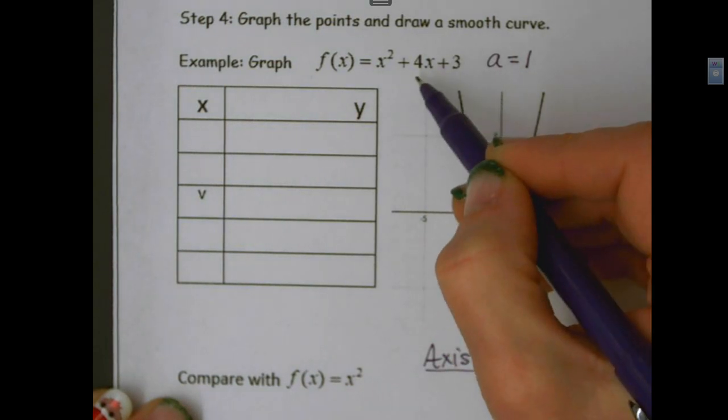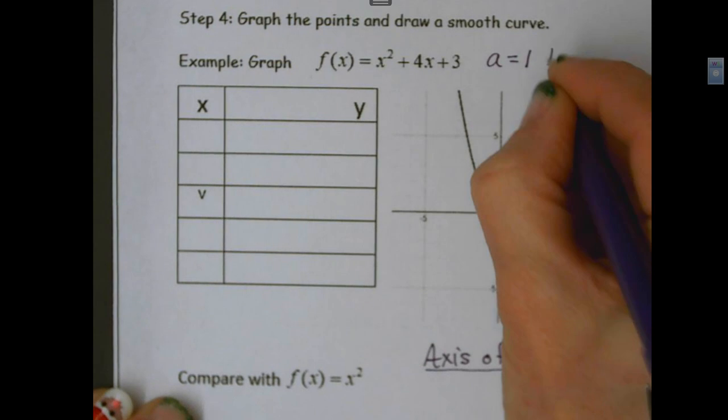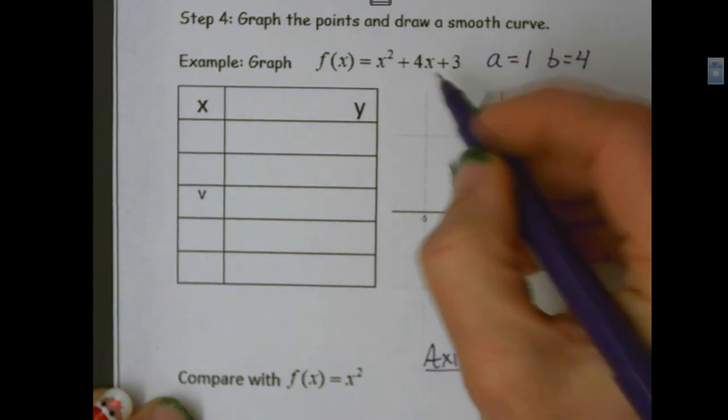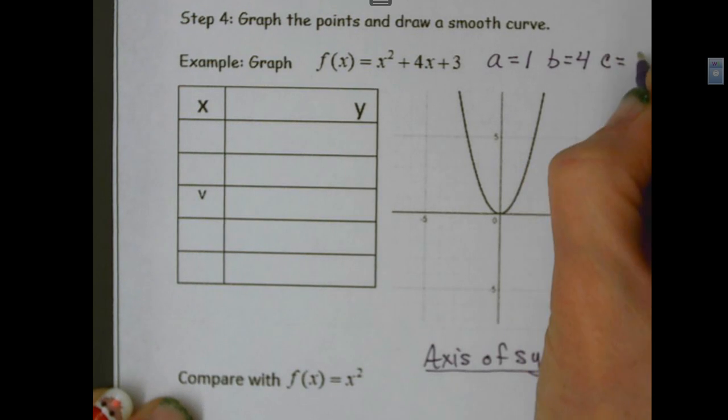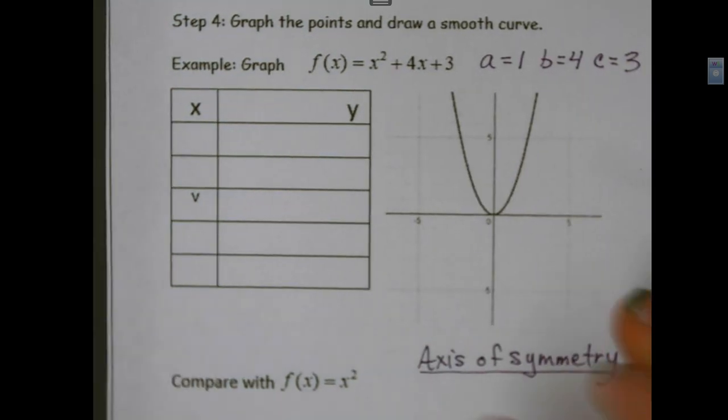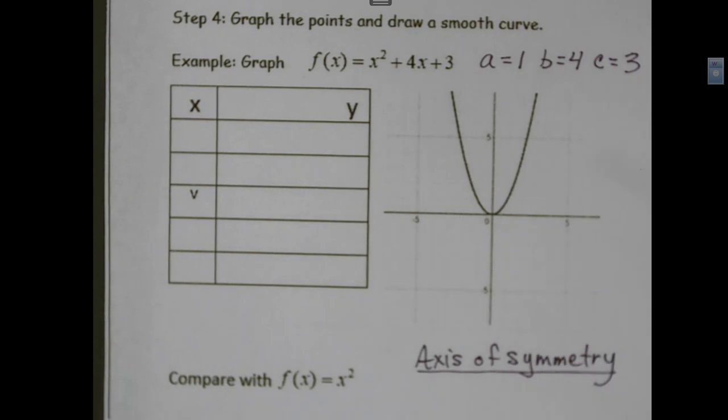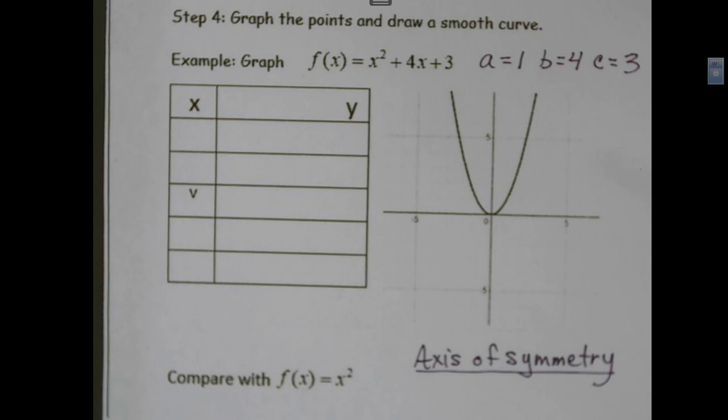B, what's in front of the x value. That coefficient is 4. And then C is your constant, which is 3. Now, we don't necessarily need 3 for finding the axis of symmetry, but that becomes important later on as parts of the quadratic in the parabola.